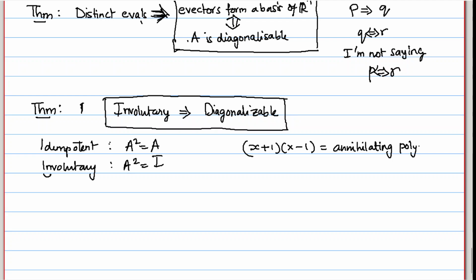So after this, this is an annihilating polynomial, okay. So what can you say? You can say that the minimal polynomial divides x minus 1 times x plus 1, right? But after that, what can you say?